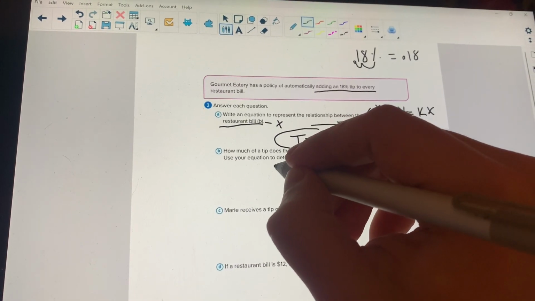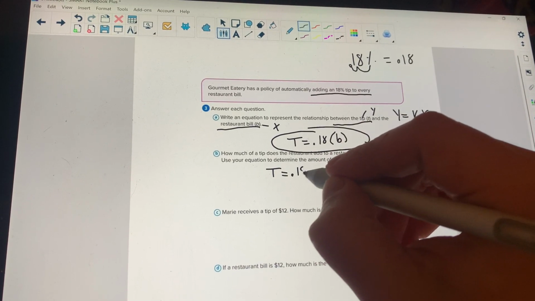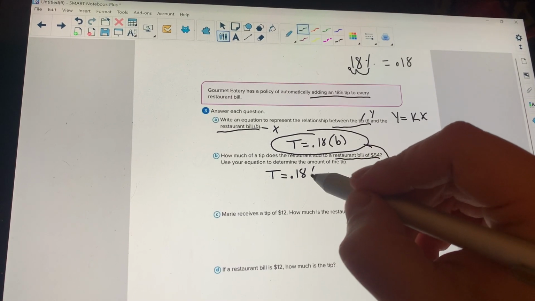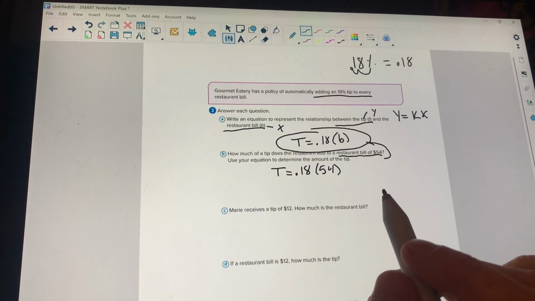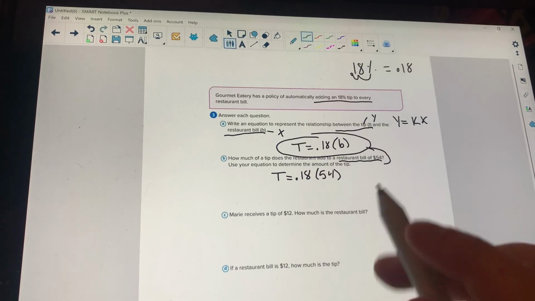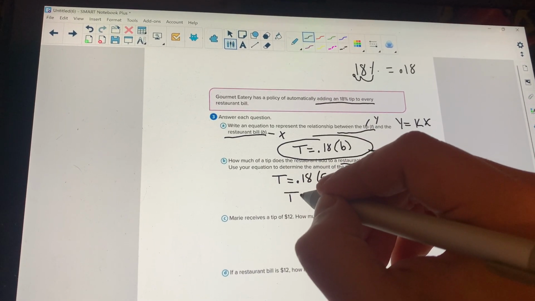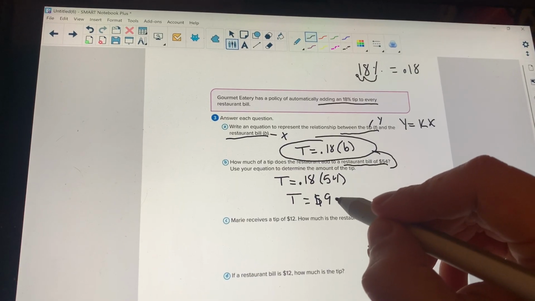So now I'm going to use the same exact equation. Tip, which I don't have yet, equals constant, never changes, times 54, because that is my bill. When I multiply those together, I go 0.18 times 54. My tip is going to be $9.72.